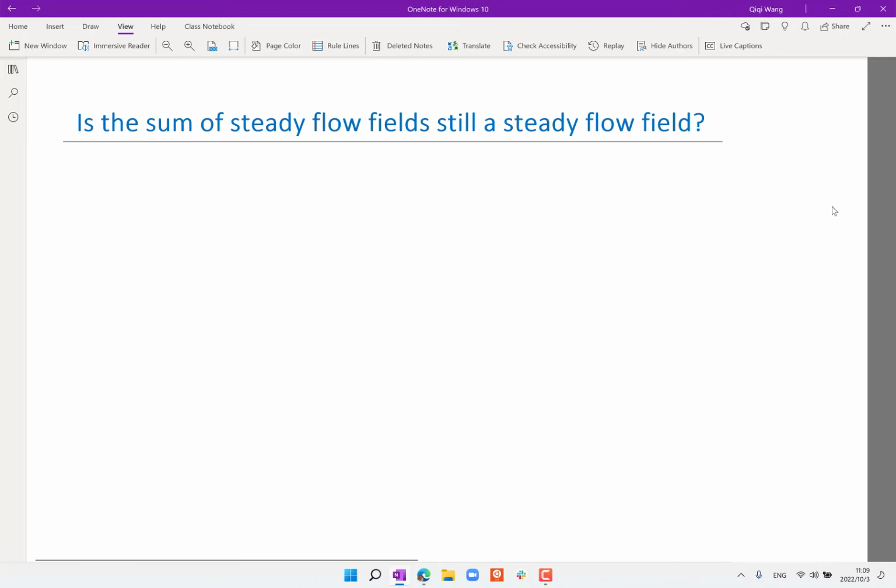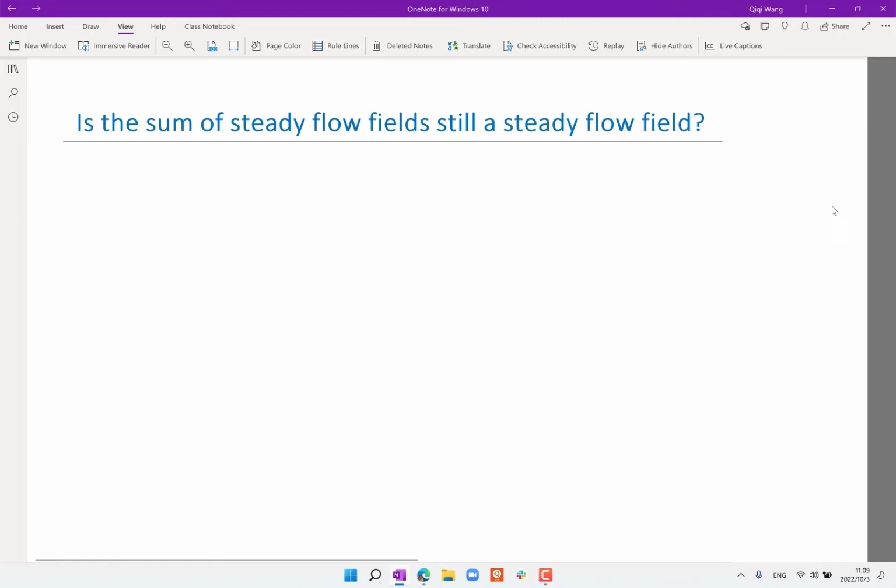You have a second steady flow field that satisfies exactly the same set of equations. Now I add them up. Is the new flow field still a valid flow field? Meaning, does it still satisfy conservation of mass, conservation of momentum, conservation of energy equations? Yes or no?